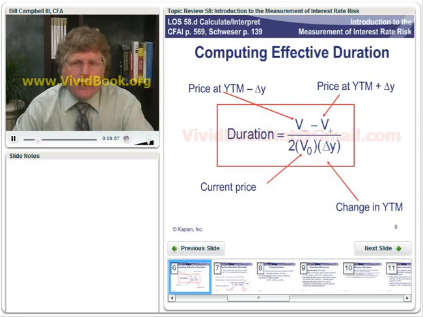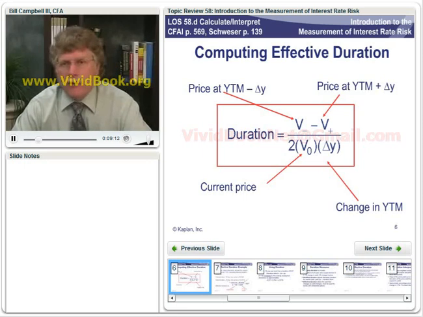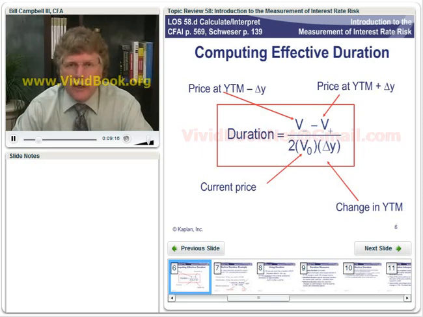It's very common when people are doing this calculation to have delta y be 50 basis points. That's a very common change in interest rates. So that the total change from down 50 basis points to up 50 basis points, that total change is 100 basis points, 1%. We want to know what's the percentage change in price for a 1% change in yield.